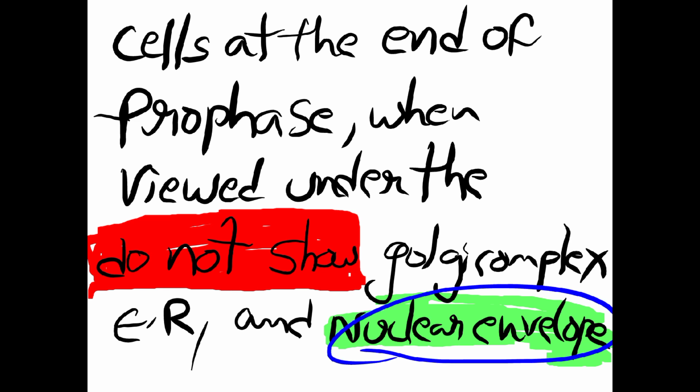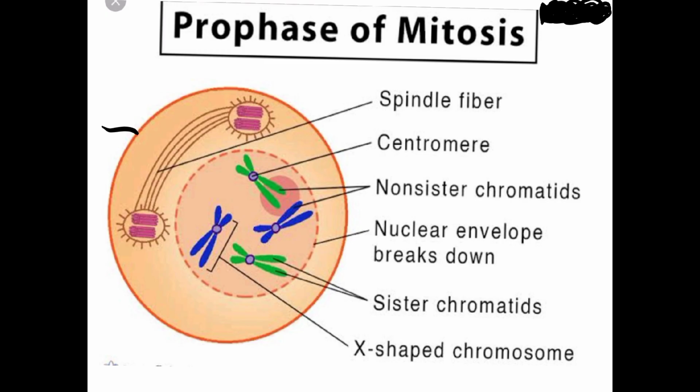The nuclear envelope, which is nothing but the nuclear membrane, breaks down, and as the nuclear membrane disintegrates, the chromosomes enter into the cytoplasm of the cell. So this is called the prophase of mitosis.